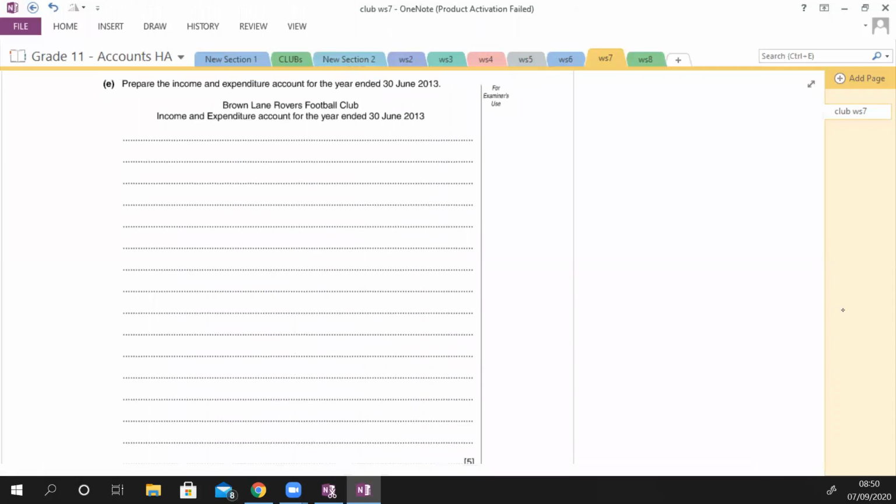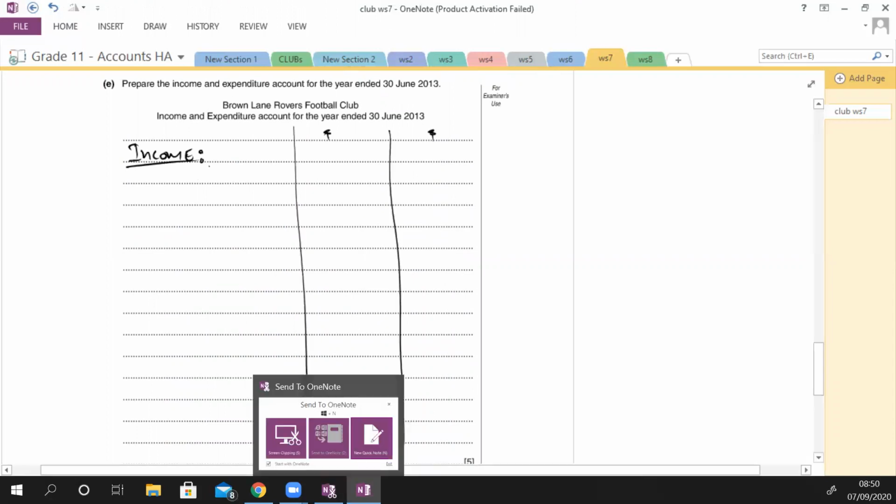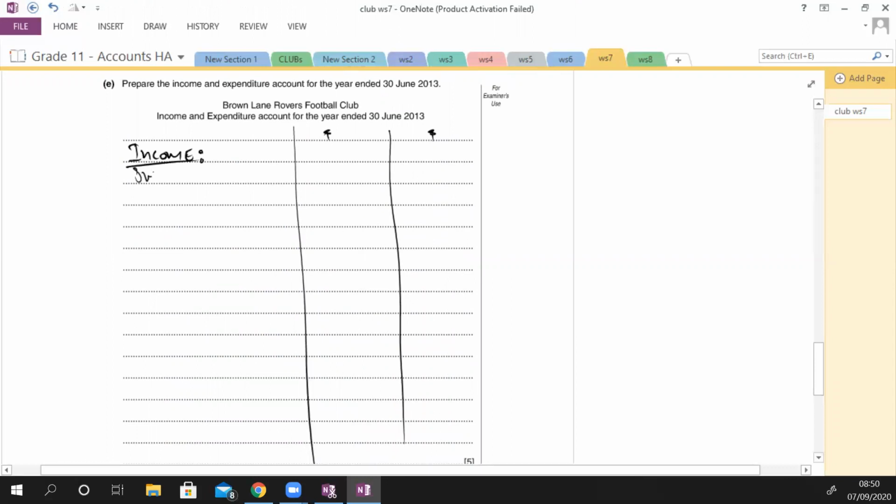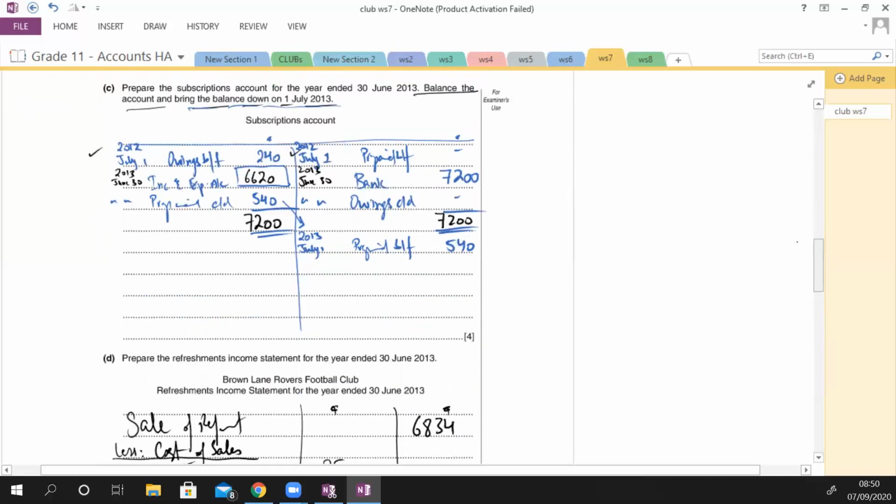Now finally, the income and expenditure account. I list down income for the club, taking 2 columns. The income for the club is subscription, which we calculated within the T account, 6620.